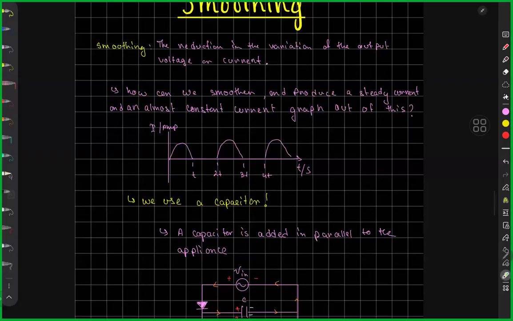The entire notion of smoothing is simply decreasing the variation in current that you have when you have full rectified or half rectified current. Granted, the supply was AC. So the entire process of smoothing is basically to keep the current somewhat constant.